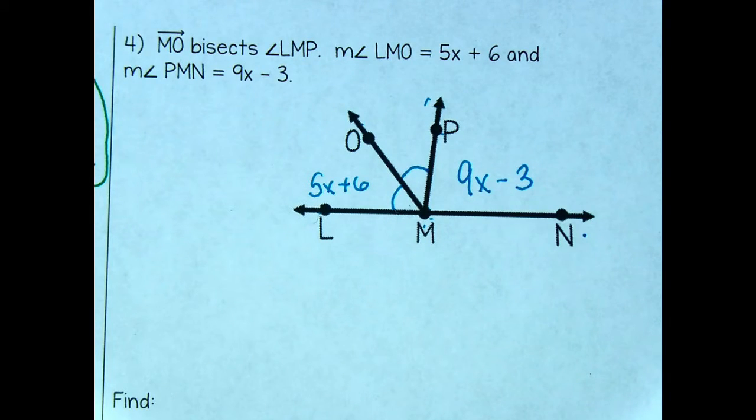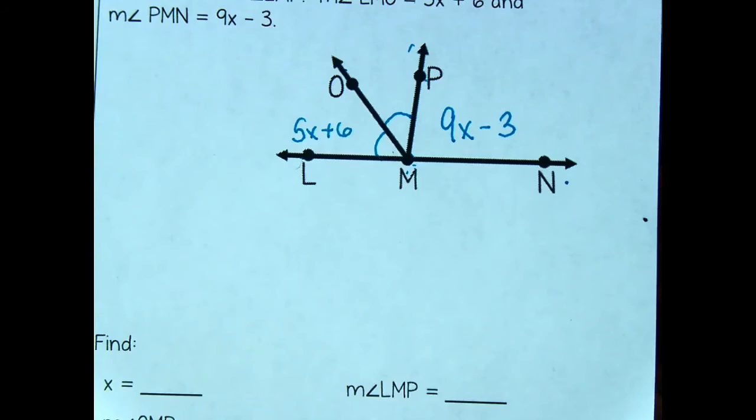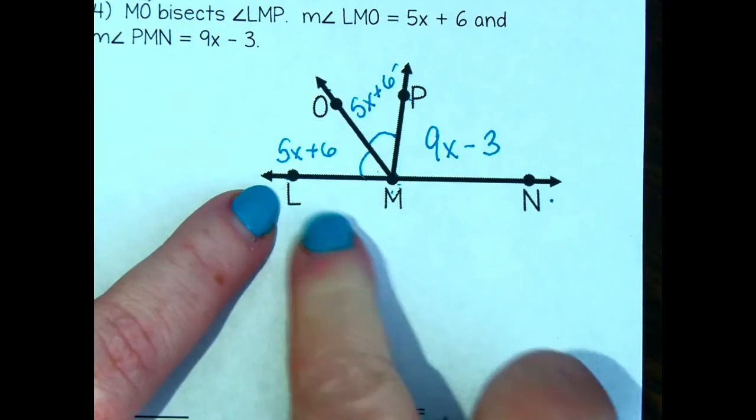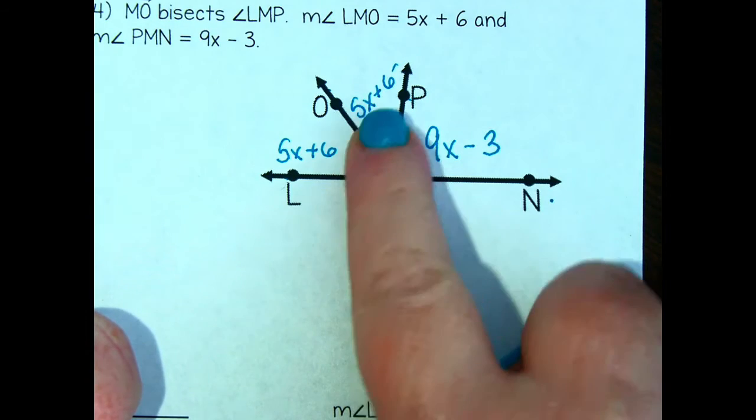So I want to find x, the measure of angle OMP, the measure of angle LMP, and the measure of angle PMN. And when I look here, it seems that I'm missing this little part in here. Since these are bisected, that means they are congruent or equal, and that means that they are both the same.